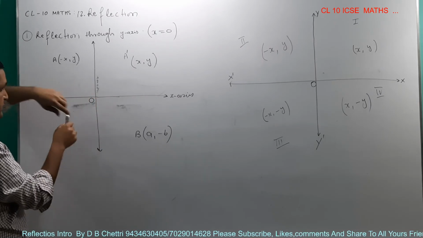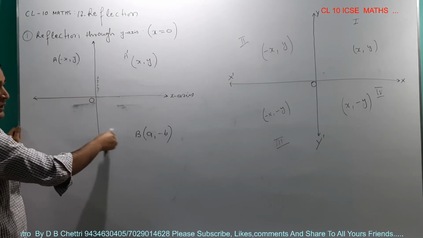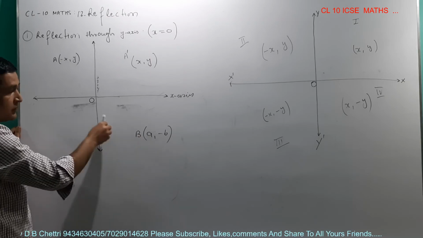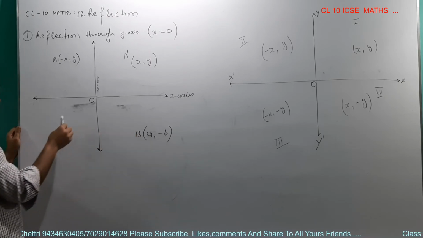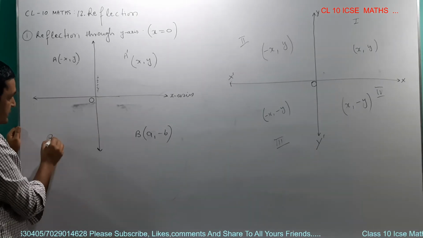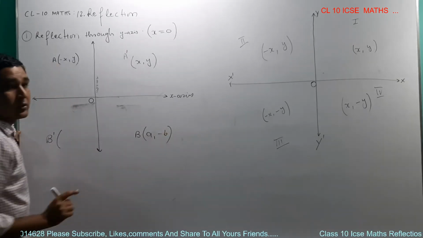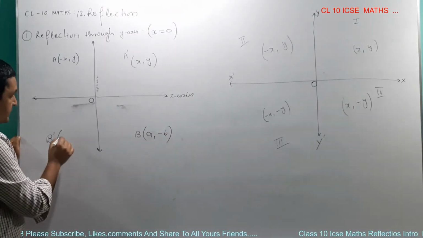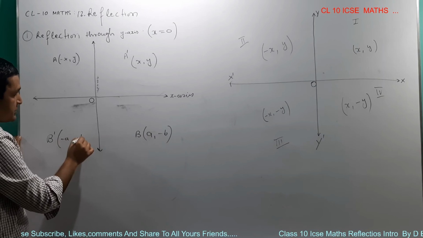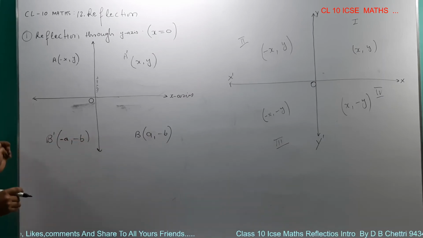That means in the fourth quadrant. If you stand in front of a mirror, your image is formed just behind the mirror, on the opposite side, indicated by b dash. Then in the fourth quadrant, the signs of the coordinate are both negative, so (minus a, minus b). This way you have to find the coordinate of the image, and you got the idea.